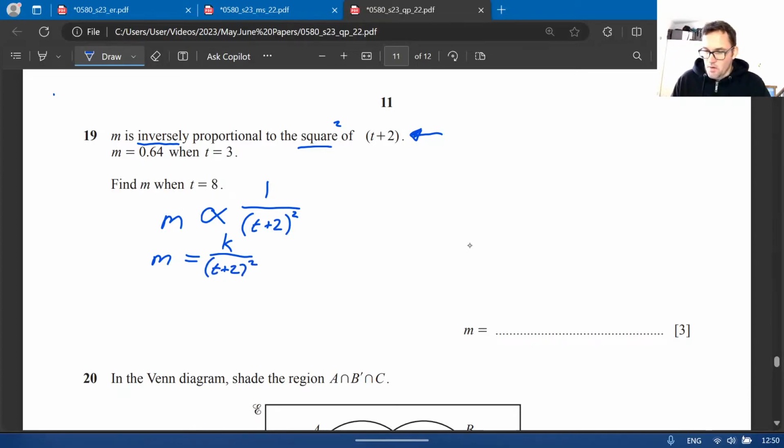Okay. Now we've got the equation. We can work out the constant of proportionality, it's called, by substituting these values into the equation.